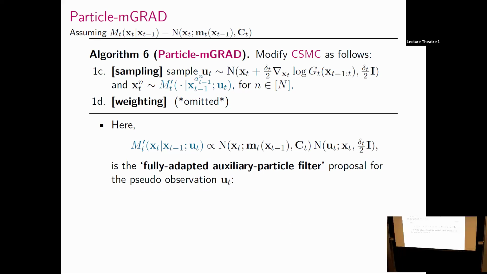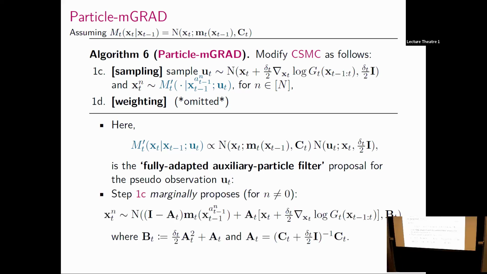And marginally, this proposal would propose a particle from this distribution, which looks like the mGRAD proposal, in the sense that you can view it as a mixture of the prior mean and of a local gradient type proposal, depending on what this matrix A is.